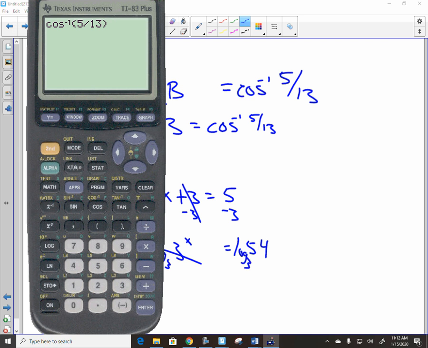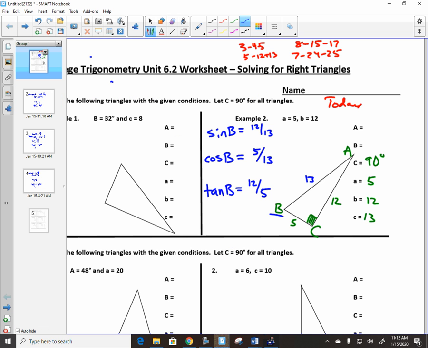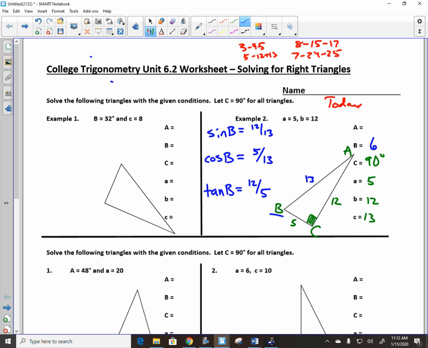It's cosine inverse. It finds angles, and we get 67.38. So therefore, angle B is 67.38. Can we then find angle A? Yeah, subtract those 2 from 180, and we get 22.62 degrees. Piece of cake, upside down.